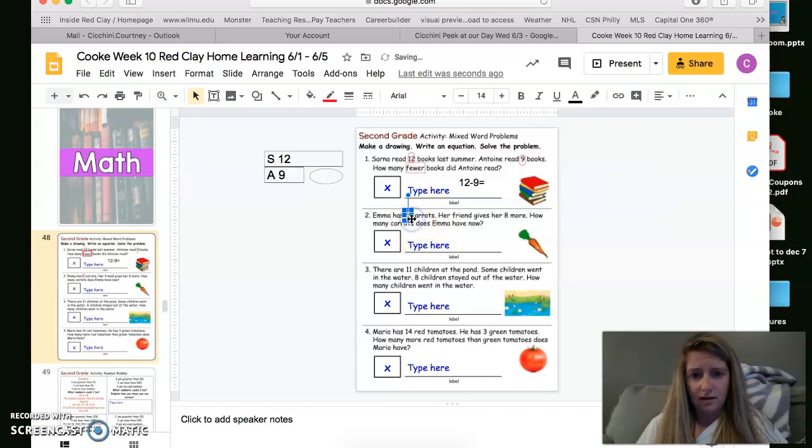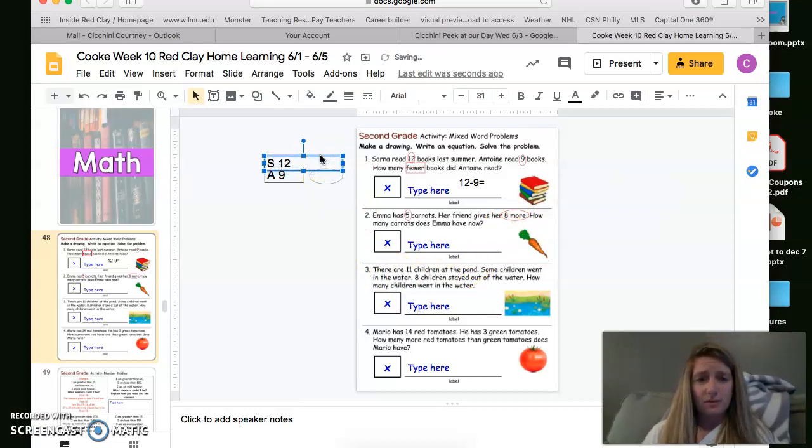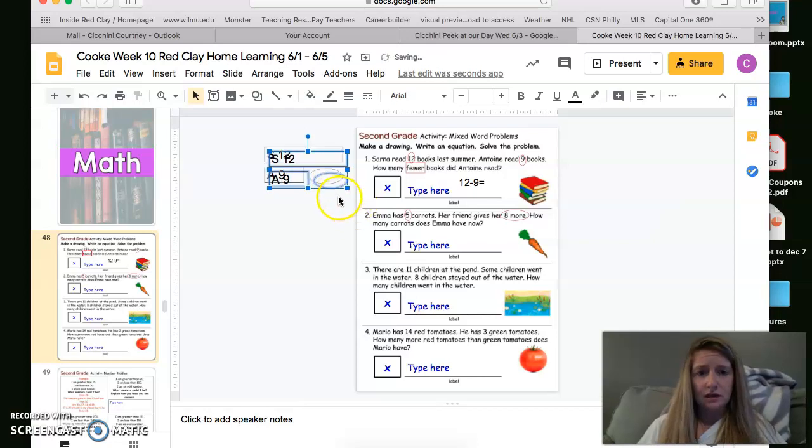We go to that circle again, and now I see 8, but with the word more. So I'm going to put them in a circle together. How many carrots does Emma have now? If you wanted to use comparison bars to solve it, I could copy these ones, Control C, Control V, and just change the information that's in them.